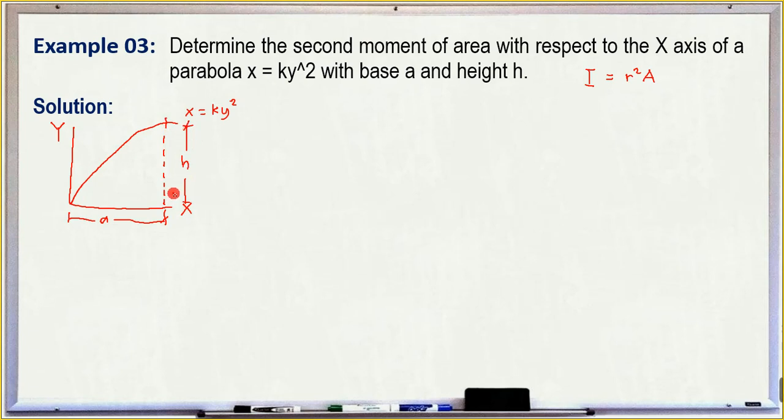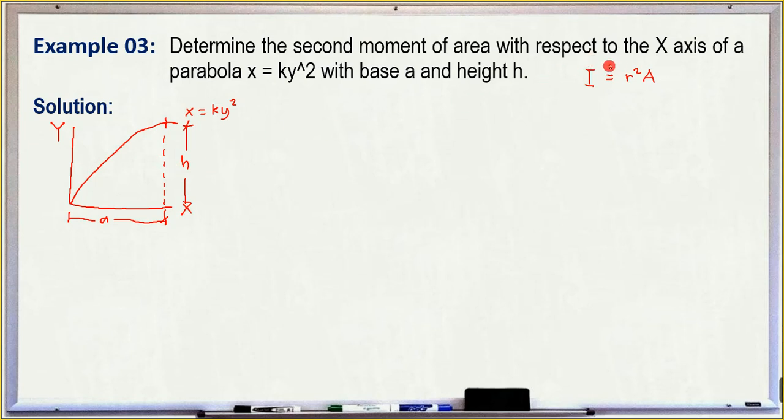Now, in order to perform the integration, we're going to select a very small area, which in our centroid discussion we called a smaller rectangular strip. By the rules of integration for the moment of inertia, the area, or the rectangular strip, should be parallel to the axis.